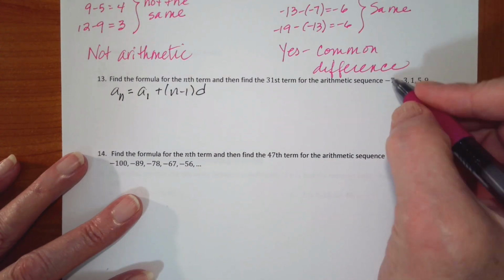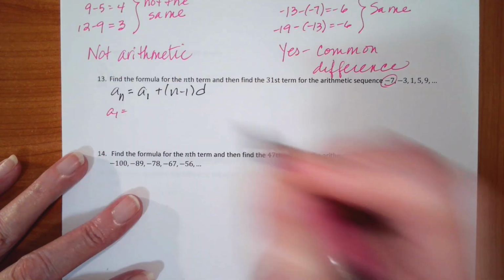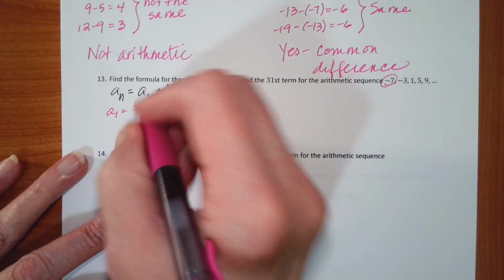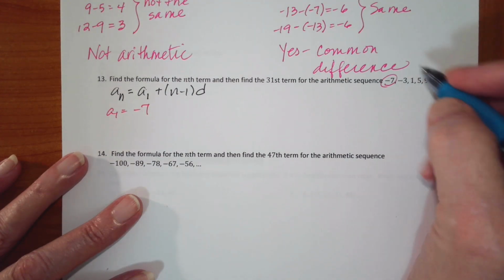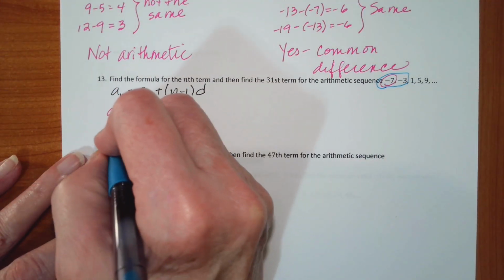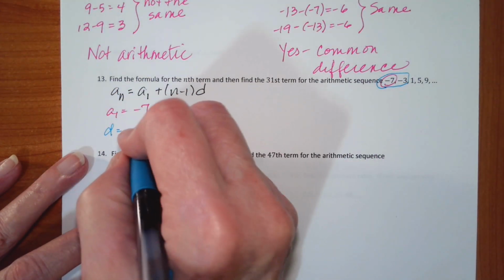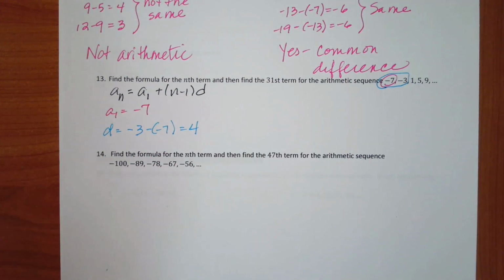So we see that a sub 1 is equal to negative 7. To find the common difference, I'll just use the first two terms. So d is equal to negative 3 minus negative 7, which is 4.